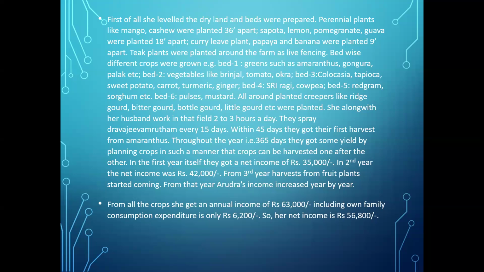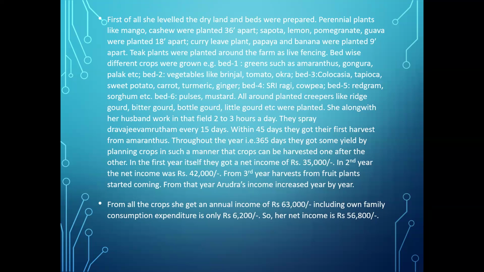Bed 4, sri ragi, cowpea. Bed 5, red gram, sorghum, etc. Bed 6, pulses, mustard. All around, creepers like ridge gourd, bitter gourd, bottle gourd, little gourd, etc. were planted. She, along with her husband, works in that field 2 to 3 hours a day.